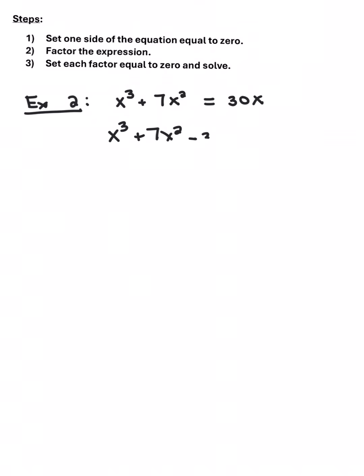It's going to say minus 30x. And then I can bring down the equal 0. Just to visually see that, for some of you that like to see it, all I did was subtract 30x from both sides of the equation.